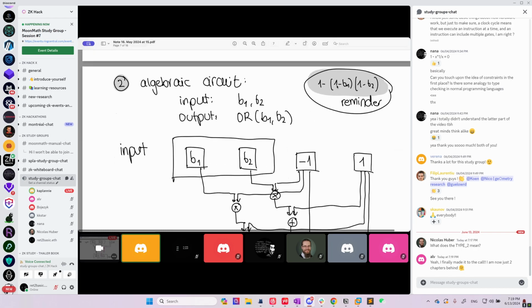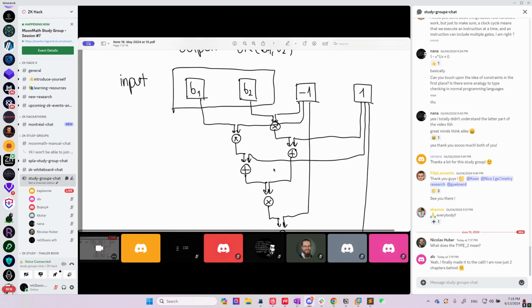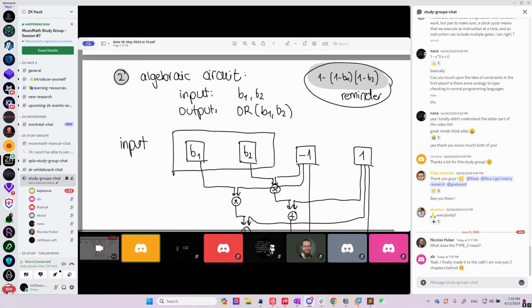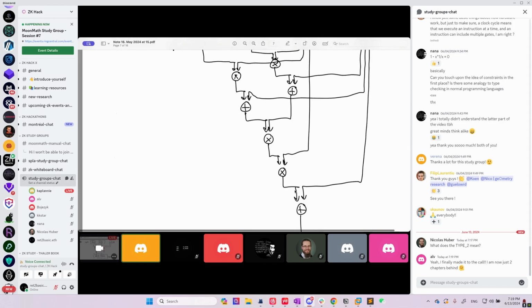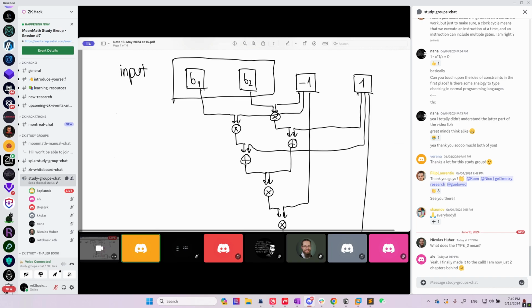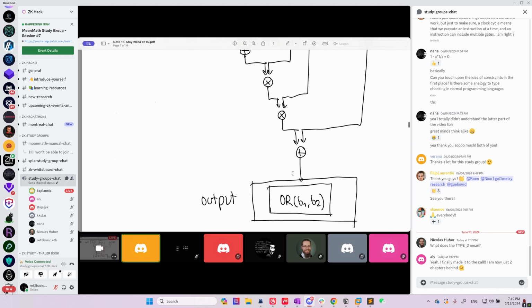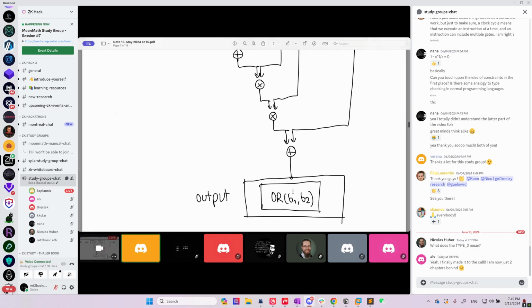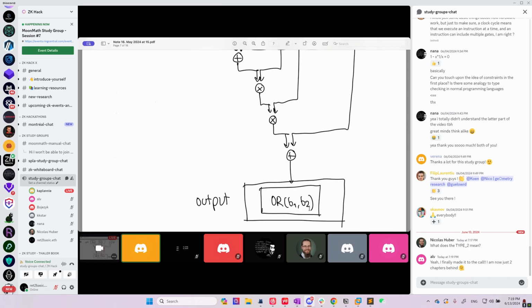So that's this part of the right-hand side. And then we're going to multiply this with minus 1 to get the subtraction. And then we can add this to 1. And we get this whole operation. Okay, and the output is then the OR operation, so that should be the output of the algebraic circuit, right?